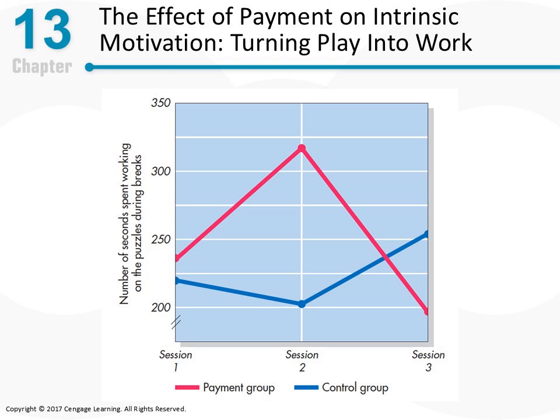In one study, people who were paid to do a puzzle lost interest once the money stopped, but those who never got paid stayed engaged. This suggests that external rewards can crowd out intrinsic interest, especially when the task was enjoyable to begin with. It's not that rewards are bad, they can be useful for getting people started.